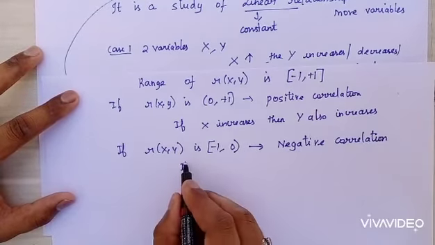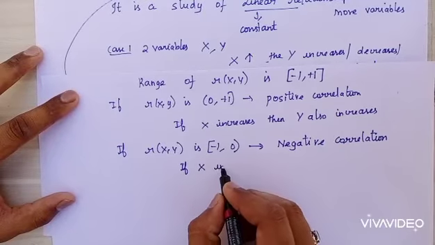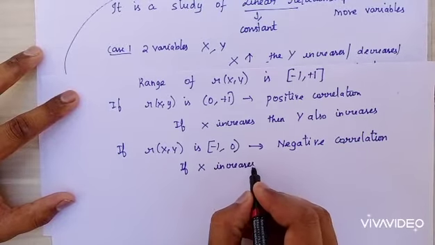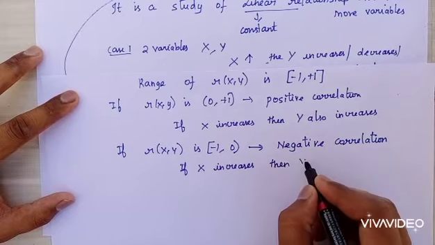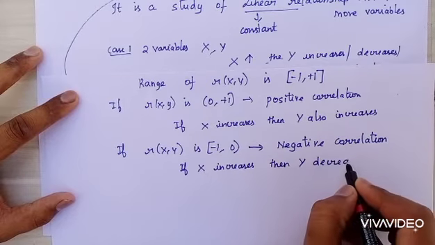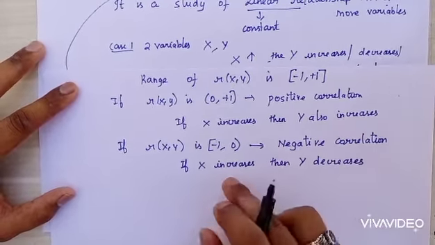That is, if the variable x increases, then y decreases. This is negative correlation.